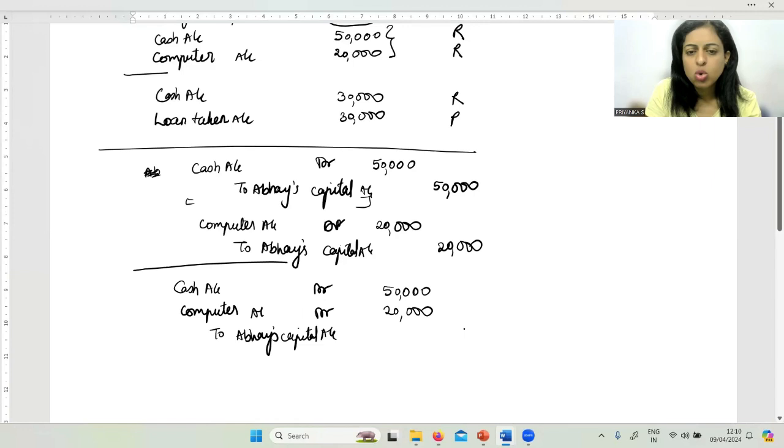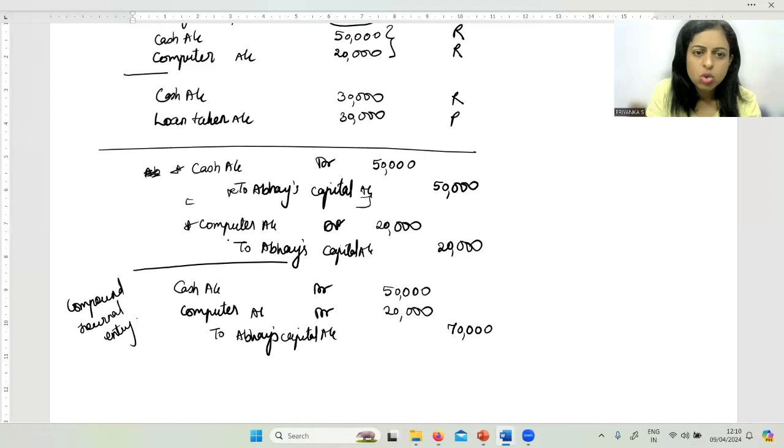How much is the amount? Total is 70,000. So credit, I will directly write 70,000. So this is how a compound journal entry is written. This is your compound journal entry. Hope that is clear. So here I have one debit, second debit, and two times I have the same account which is credited. I'm going to combine it into a single entry.